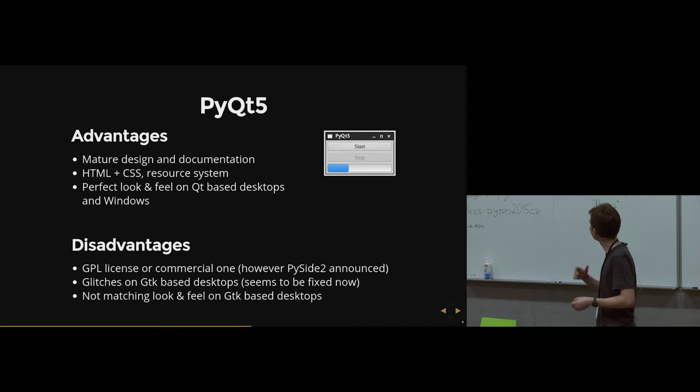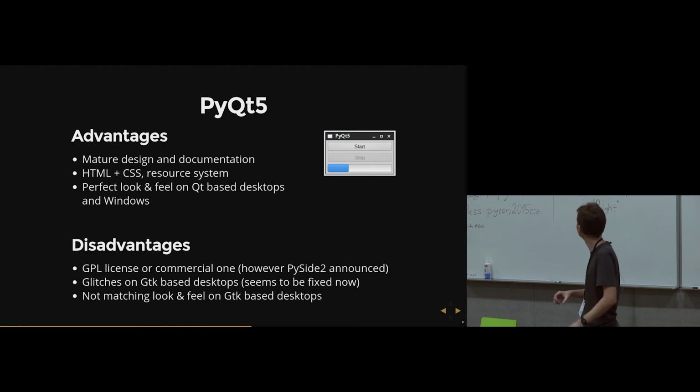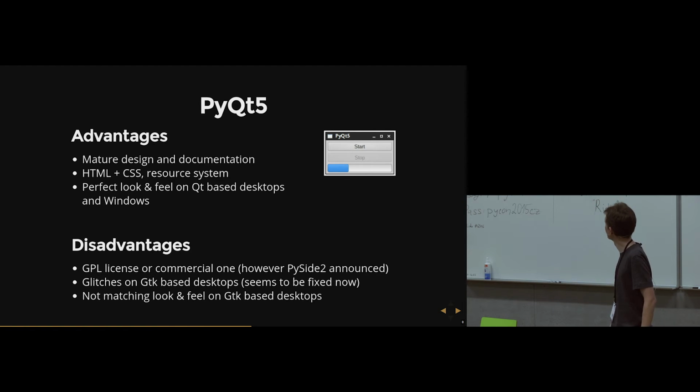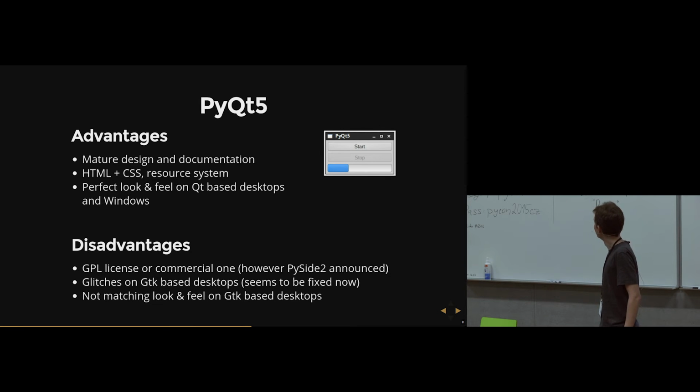Also, you can style it fine using HTML and CSS. It has its own resource system, so you can take your images and sounds and pack them together into your application. It looks perfect on Windows. So if you are going to do a graphical user interface for Windows, look no more, take this one. Also on Qt-based desktops, it of course will look fine.